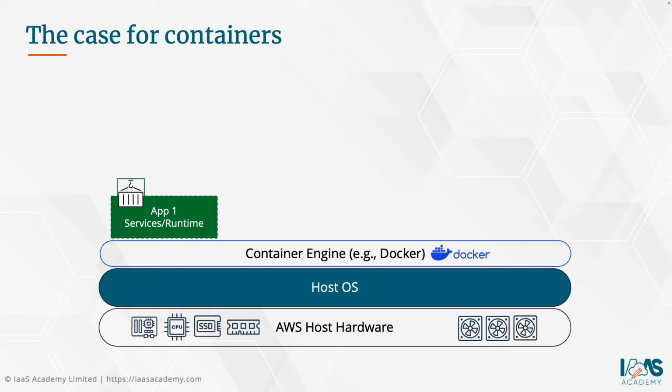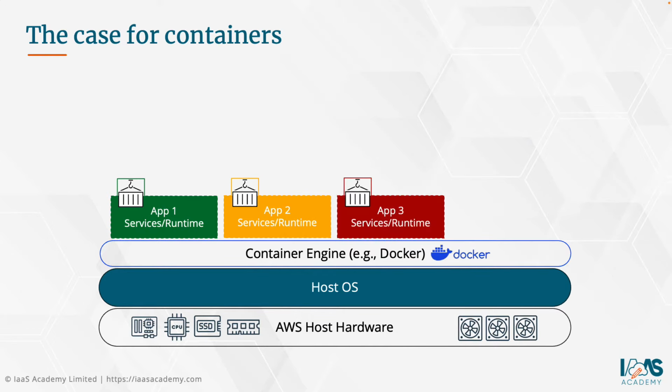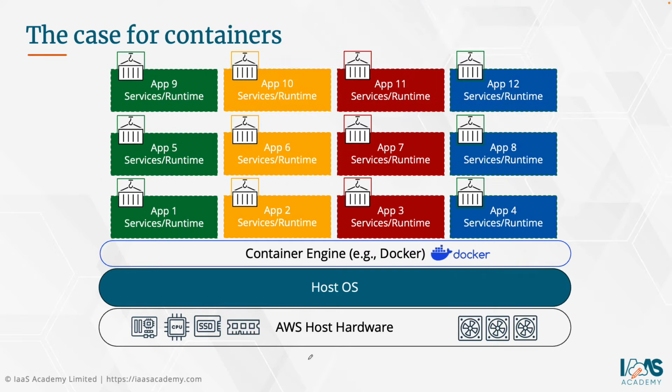So if you've got a Node.js application, it's got all of the bits and pieces that it needs to run, and it's going to run as a single isolated process on that hardware, sharing that host operating system with other containers for your different applications or indeed different environments. And so ultimately, you're using far less resources on that particular piece of host hardware in that environment, which means you can run many more containers.